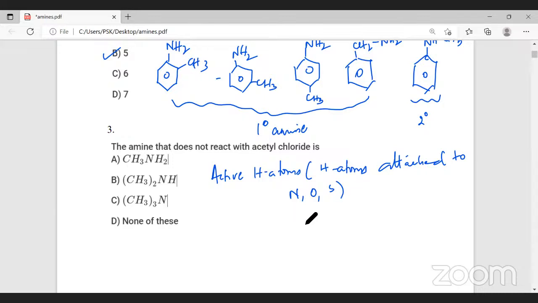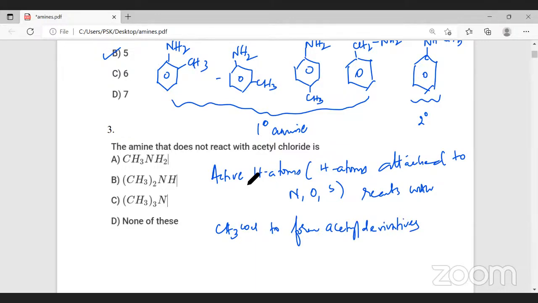These active hydrogen atoms react with acetyl chloride, CH3COCl is acetyl chloride, to form acetyl derivatives. So we should remember, active hydrogen containing compounds react with acetyl chloride to form acetyl derivatives.